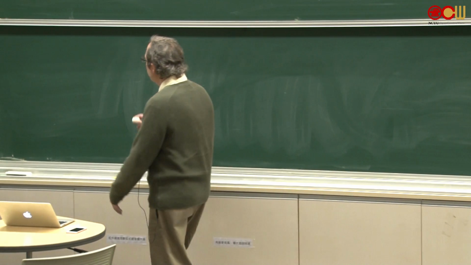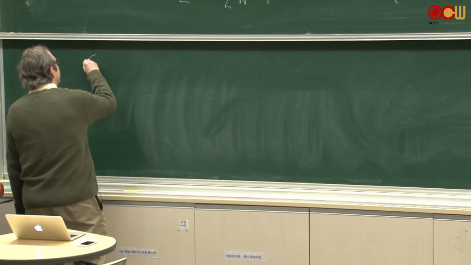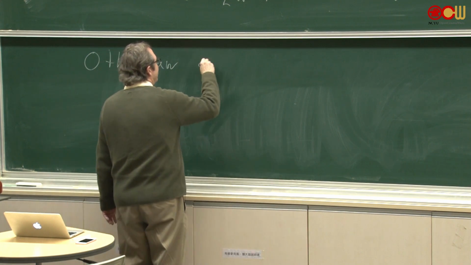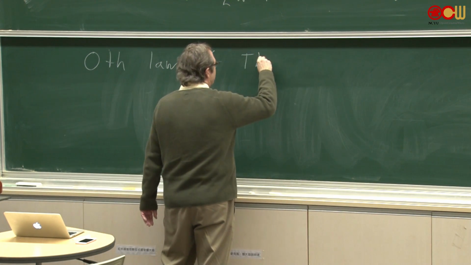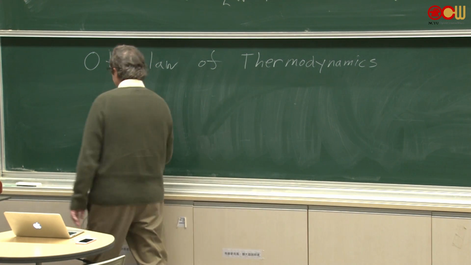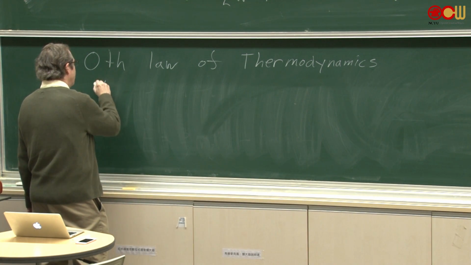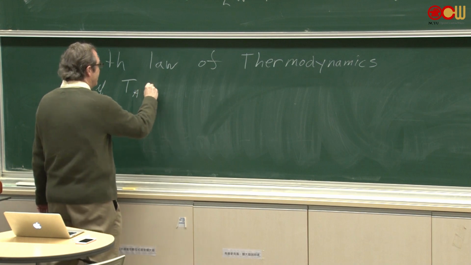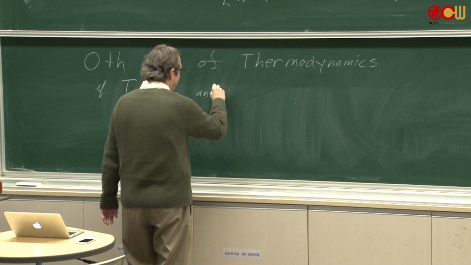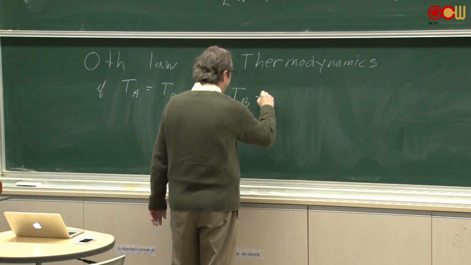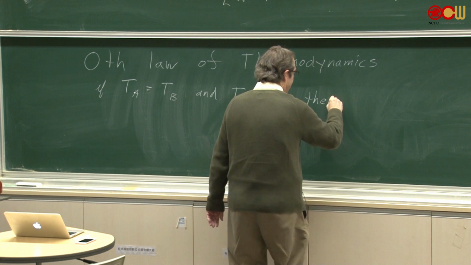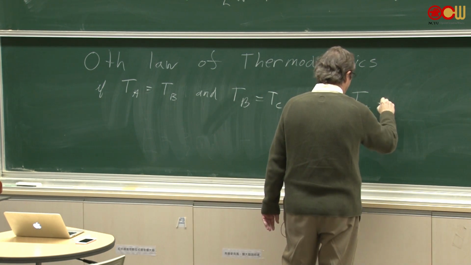All right, so what is the Zeroth Law of Thermodynamics? All right, what that says is if TA equals TB and TB equals TC, then TA equals TC.